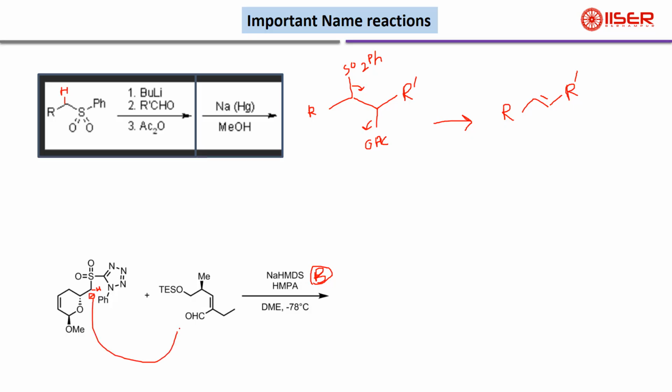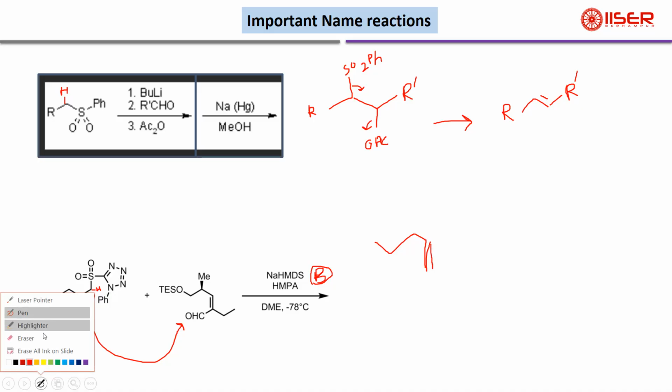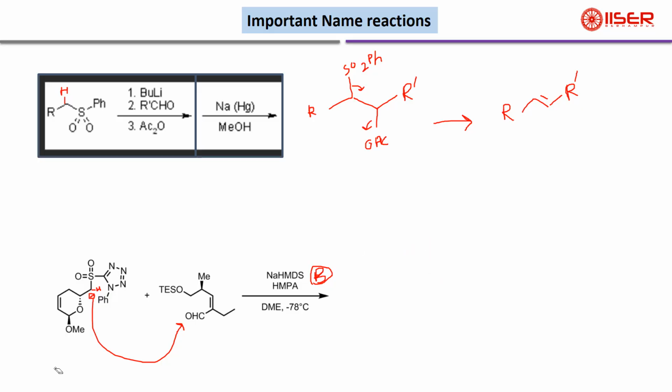So this negative charge will attack this aldehyde center, and through the same type of reaction, it will undergo the olefination reaction, and as in case of Julia, you will always get an E alkene.